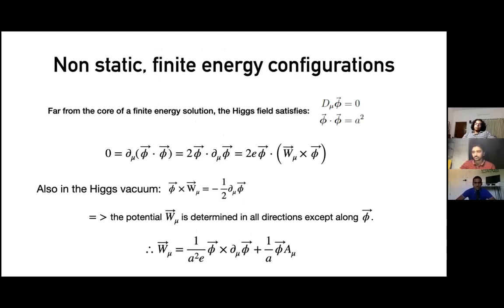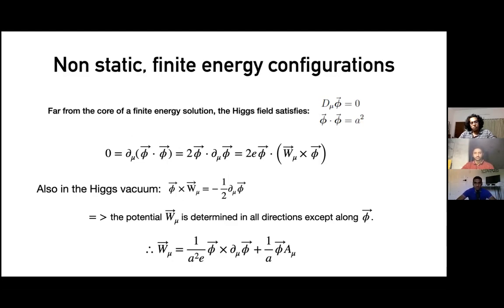But let's just take a step back and forget about staticity for a moment, and just ask about finite energy conditions. What are they? The finite energy conditions are vacuum conditions far from some region, at large R, close to spatial infinity. I have vacuum conditions for the Higgs field. That's what it means to be finite energy.